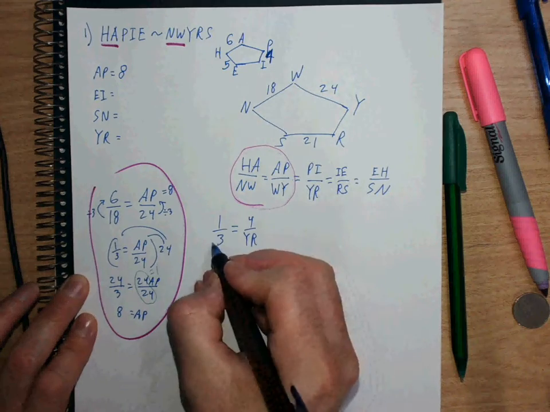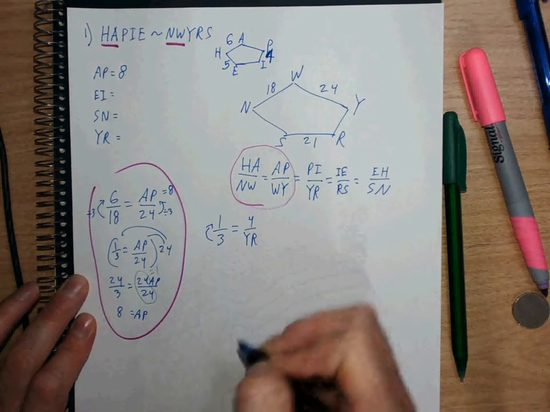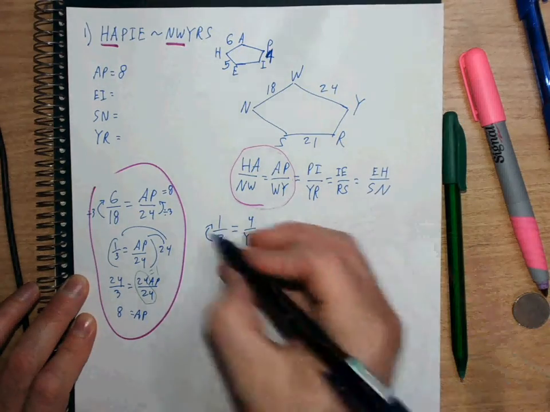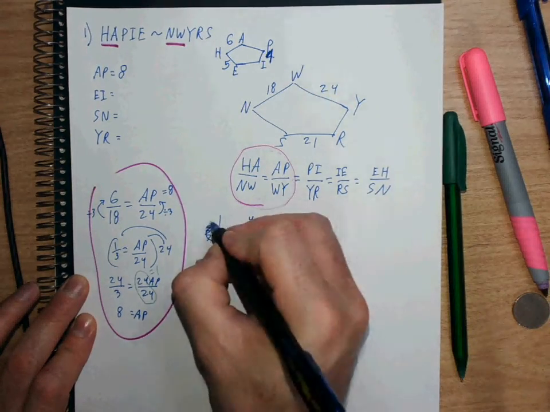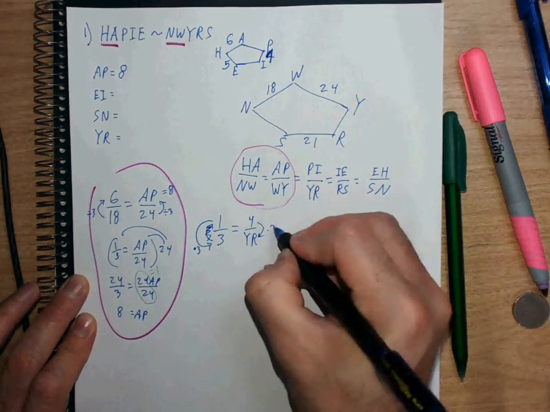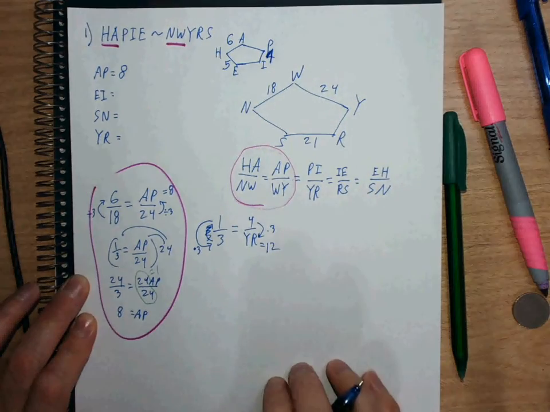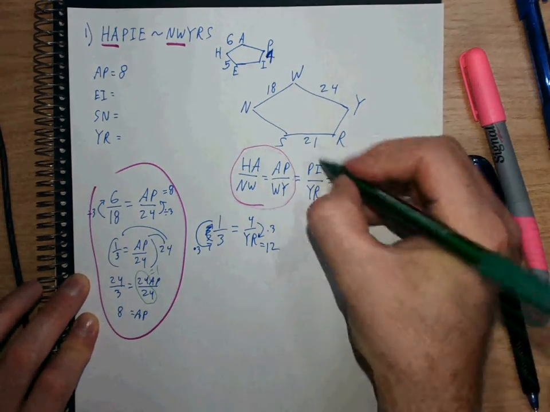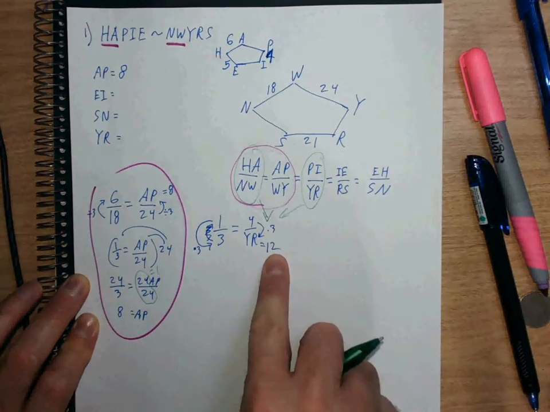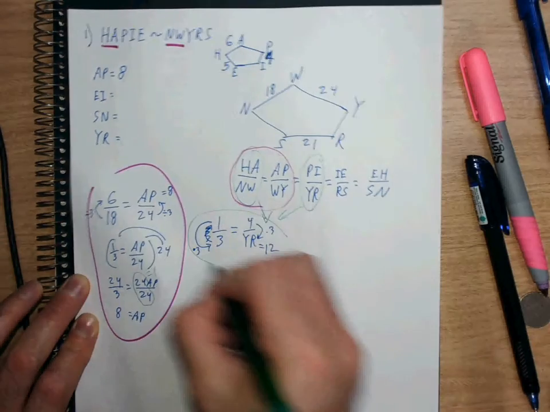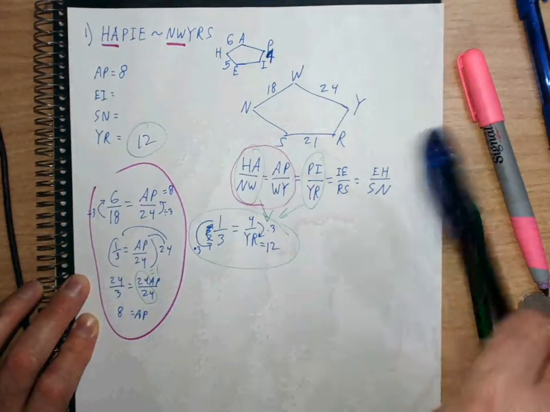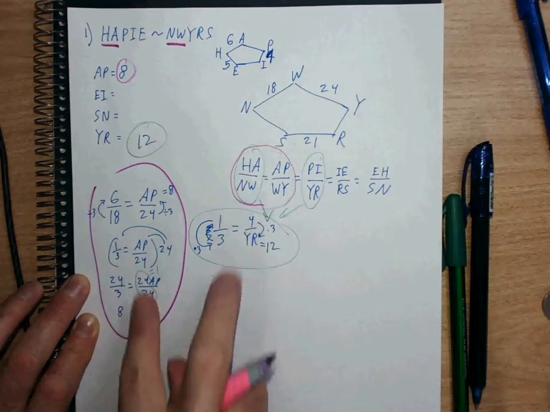I want to go from here to here, and that's times 3. Here to here times 3, and that's going to be 12. So I got YR equals 12. I'm going to circle this one in the pink there.